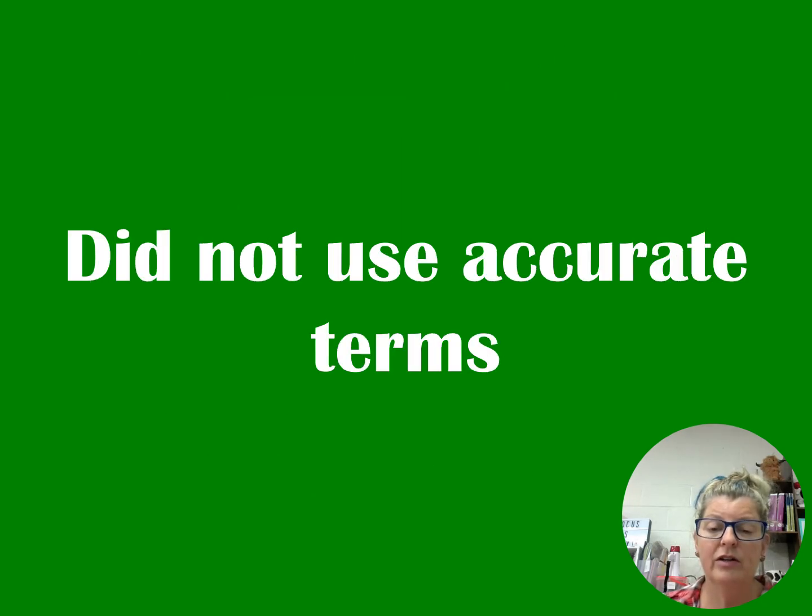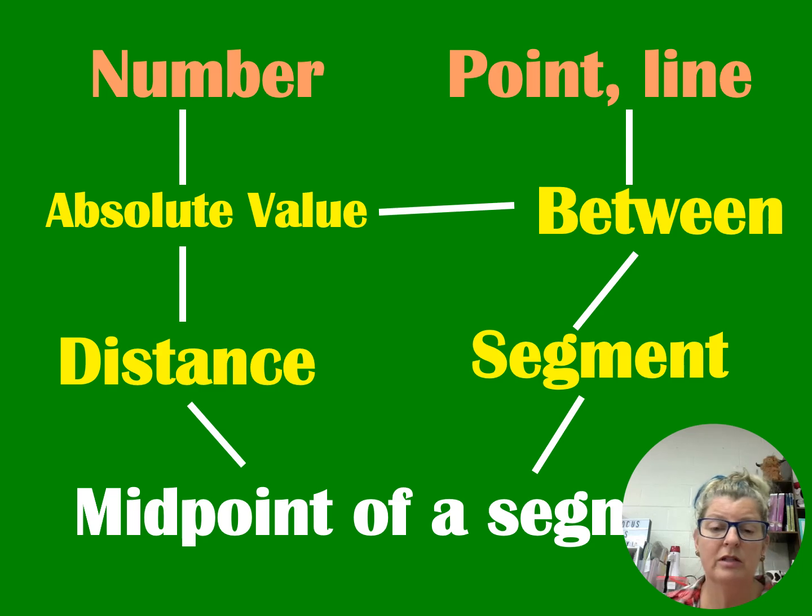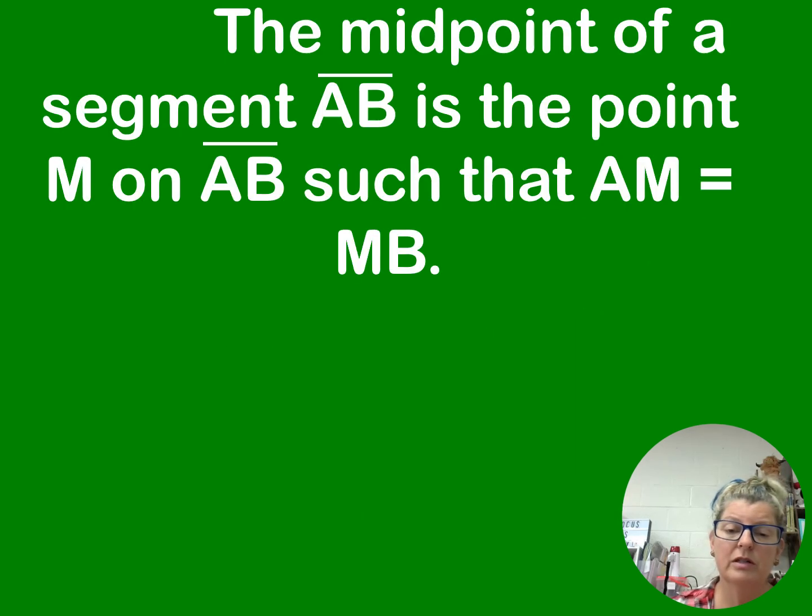If you did not use accurate terms, let's look at this. A number, and we have a point and a line. So a number, an absolute value, between, and then coming down from absolute value, you have distance, and we're looking at midpoint of a segment. These are key words.